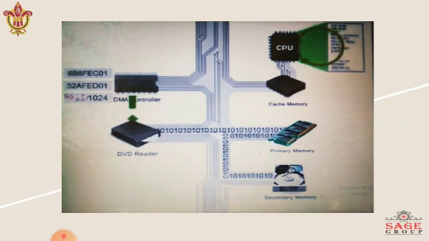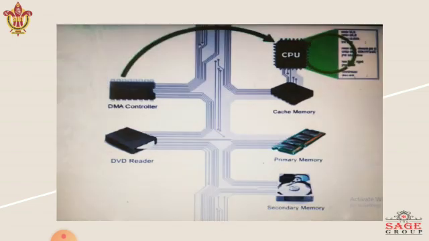So what happens once the data transfer operation completes using DMA? At the end of the data transfer, the DMA controller generates an interrupt request to inform the CPU about completion of the data transfer.